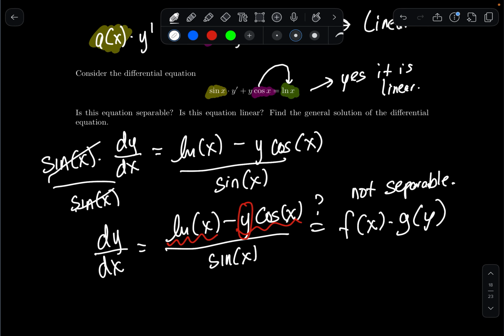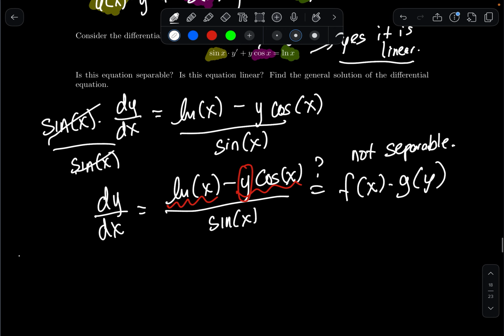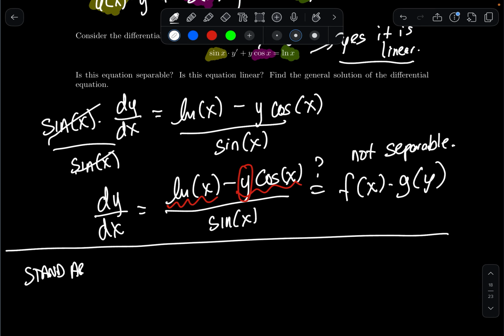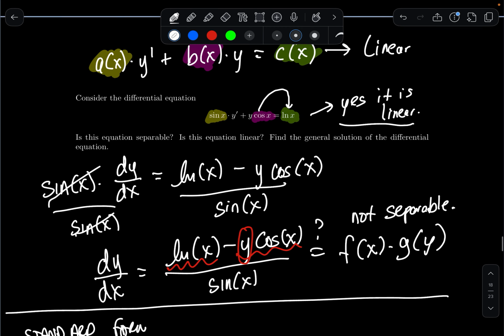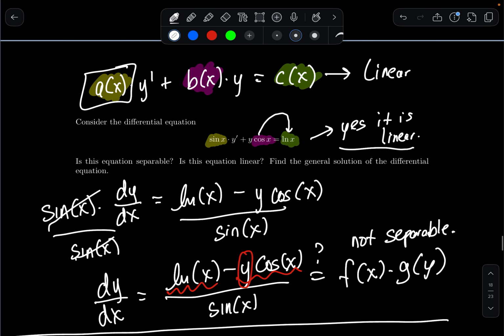Well, good news. Since we're asked to solve it, we know it's linear, which means we're going to end up using the linear technique. And if you're going to be using the linear technique, the first thing you should do is you want to write your equation in standard form. So what is standard form? What that means is you are going to make this coefficient in front of the y prime equal to 1.